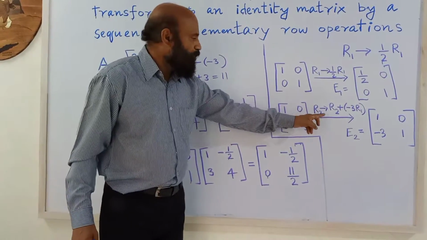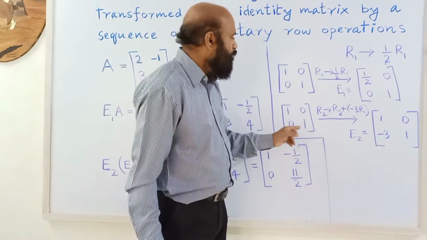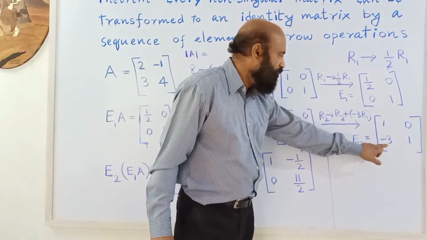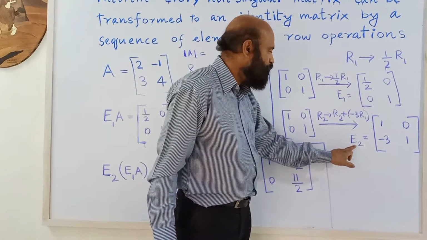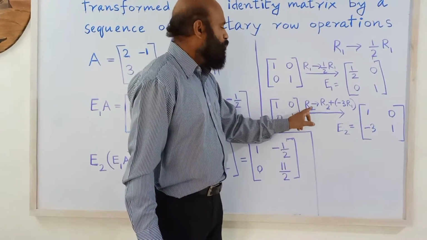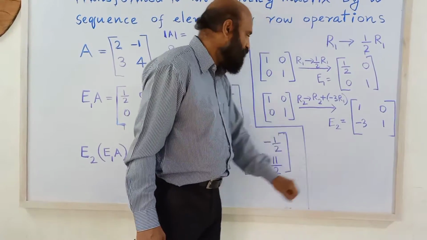Same operation you do on an identity matrix. So you will get this. This is an elementary matrix. So it is E2. We are getting this from the identity matrix by a single row transformation. So this is an elementary matrix.